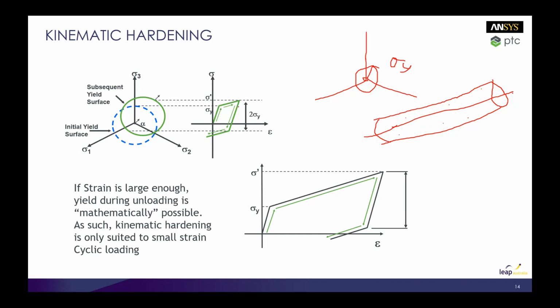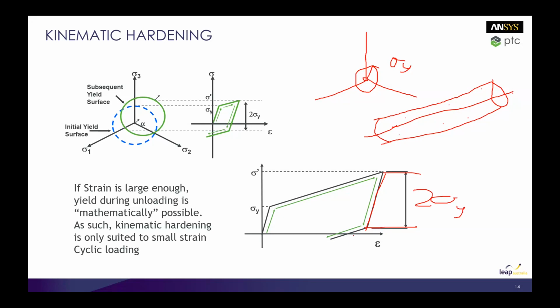That means the difference in yield in tension and compression is equal to 2 times the initial yield stress. If your strain is large enough, when you unload, this difference here is 2 times sigma yield, you can actually get yielding in compression.